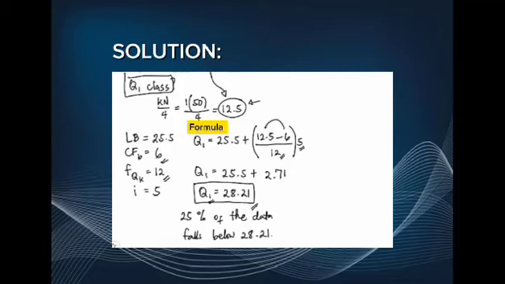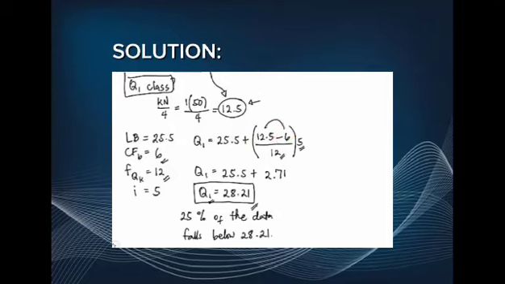So let's apply it. We have Q sub 1 equals the lower boundary, that is 25.5, plus the quantity of 12.5, which is how we found our quartile class, minus the less than cumulative frequency below, that is 6, over our frequency, that is 12, times 5. Solve the parentheses first: 12.5 minus 6 is 6.5.